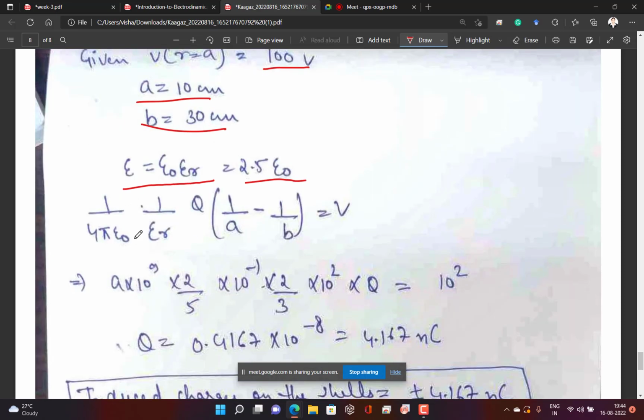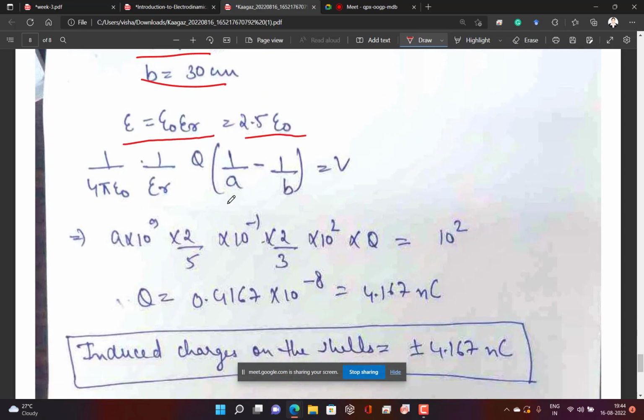So V equals 1 upon 4 pi epsilon naught into 1 upon epsilon R, into Q into 1 by A minus 1 by B. All the values are given here except Q. So we will put all the values, transfer them to this side, and find out the value of Q, which will be equal to 4.167 nanocoulombs.